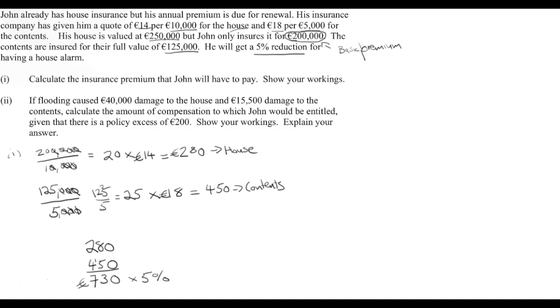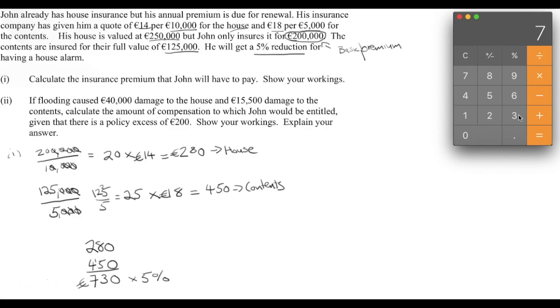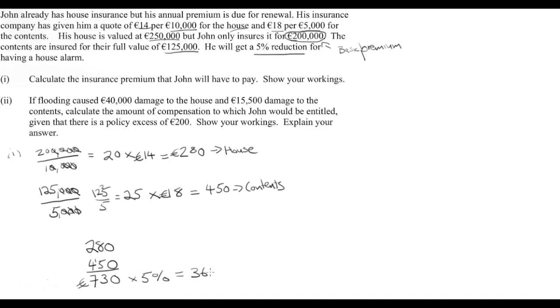Again, use a calculator. 730 euros multiplied by 5% gives us €36.50, and we will subtract that from the basic premium. So 730 minus 36.50.